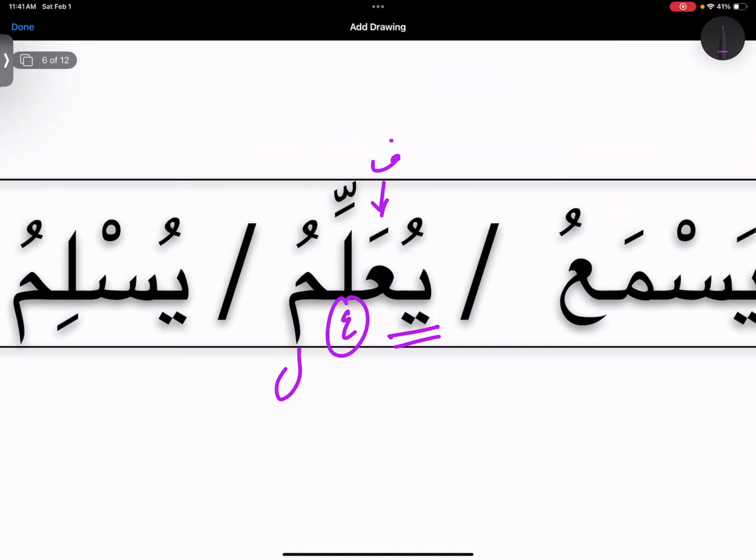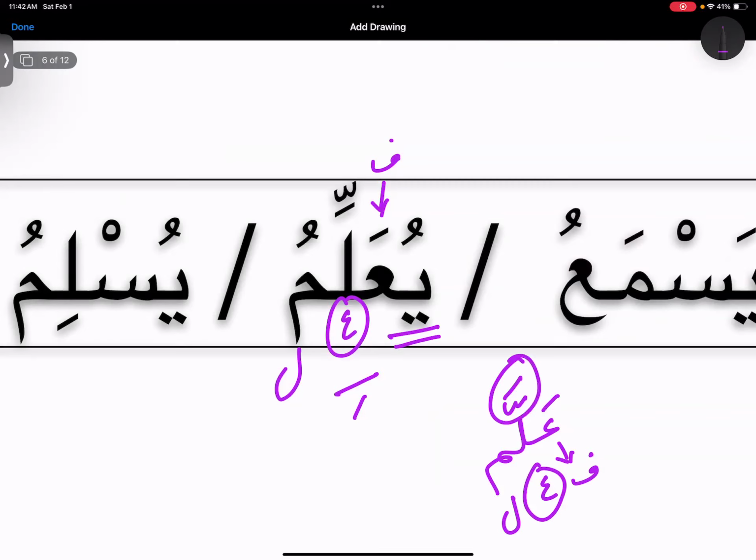Ain kalima is taking a kasra: yu'allimu. So whenever you see allama, with fa, ain and lam kalima, and a shadda on the ain kalima, or middle root letter, then you give the sign of mudariya dhamma.